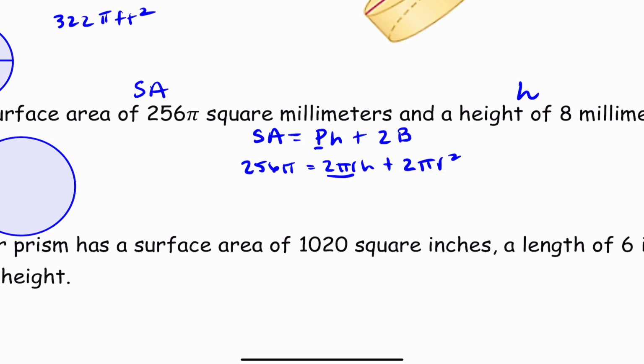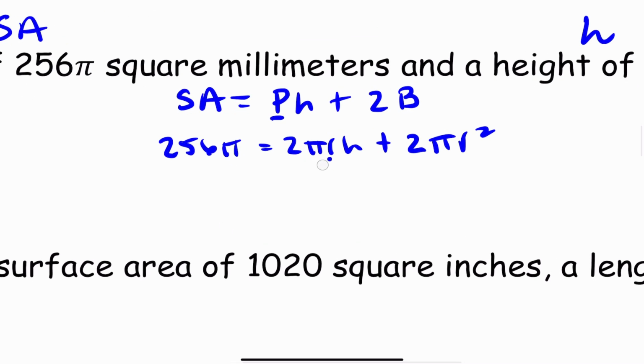Okay, so let's see how I can do this problem here. It's a little challenging, but on the right side of the equal sign, I can see that they both carry a 2 pi. Okay? They both carry a 2 pi. So I'm going to factor that out using the GCF.